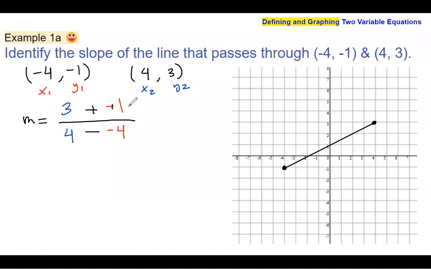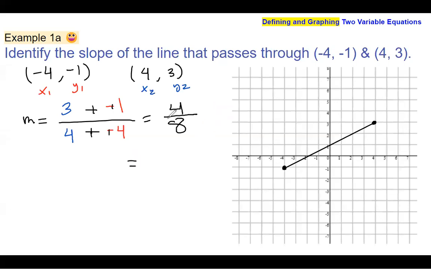Keep, change, flip. I've heard it as keep, change, change, or keep, change, flip. However we know it, we make sure we apply the additive inverse property. So we have 3 plus 1 is 4. 4 plus 4 is 8.